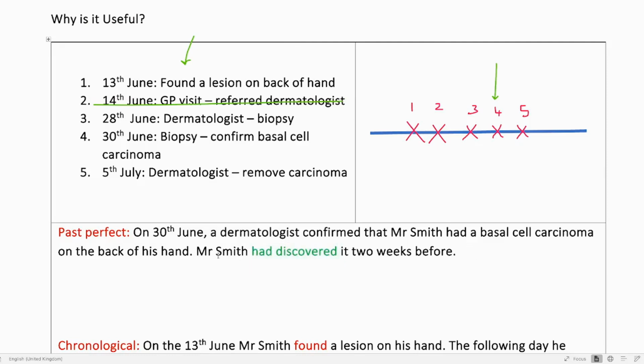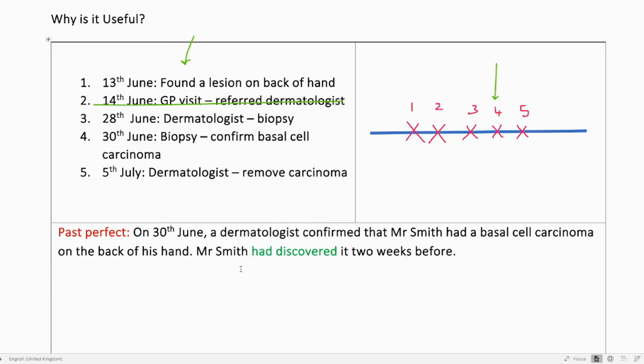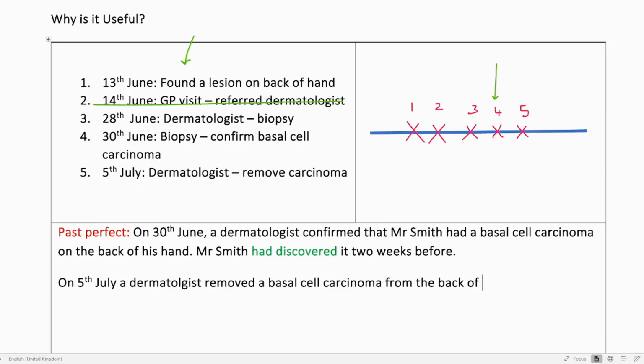Okay, I could do it another way. I could say, on the 5th of July, a dermatologist removed a basal cell carcinoma from the back of Mr. Smith's hand after it had been confirmed by biopsy.